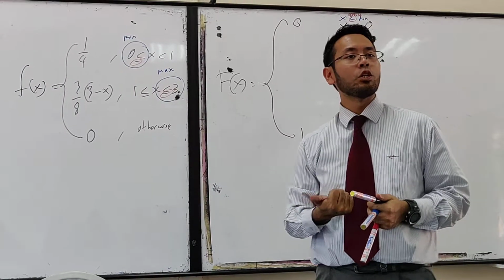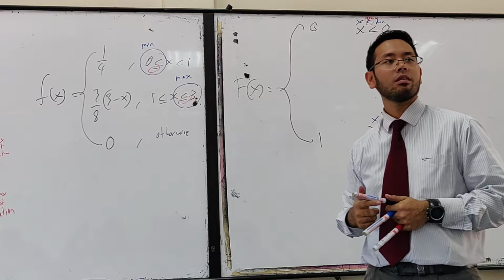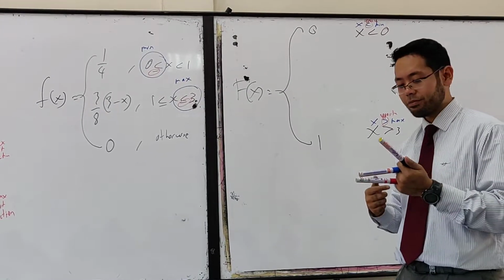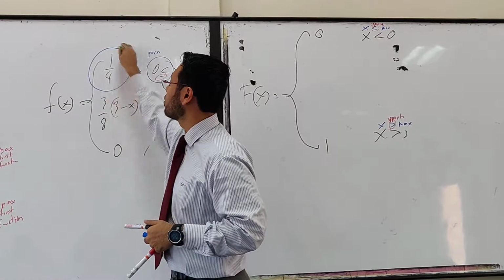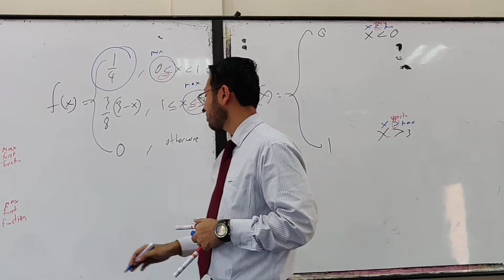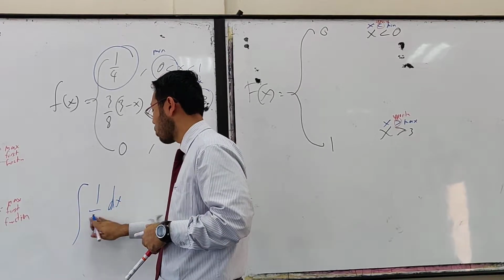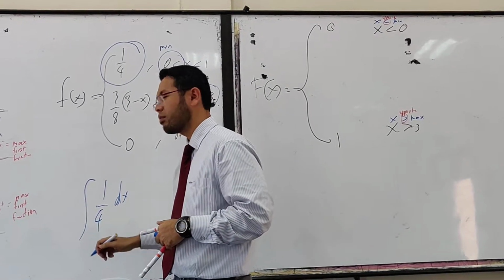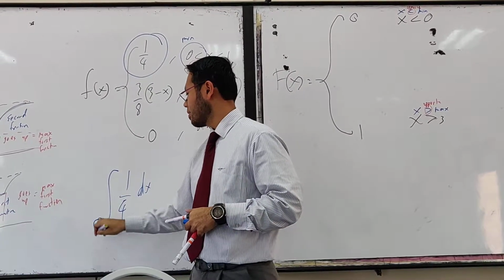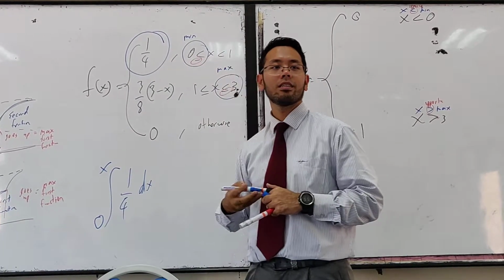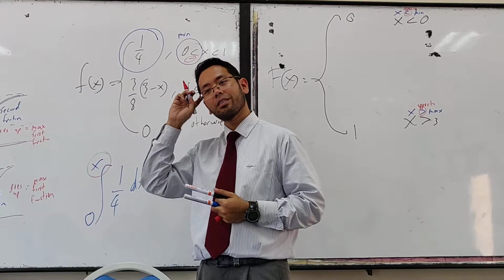Okay, now let's begin more. For discrete you use plus, for continuous you use integrate. So firstly you have to integrate this 1 over 4. Integrating 1 over 4 dx from what to what value? 0 until x, maybe the first step. Why x? Why not 1?